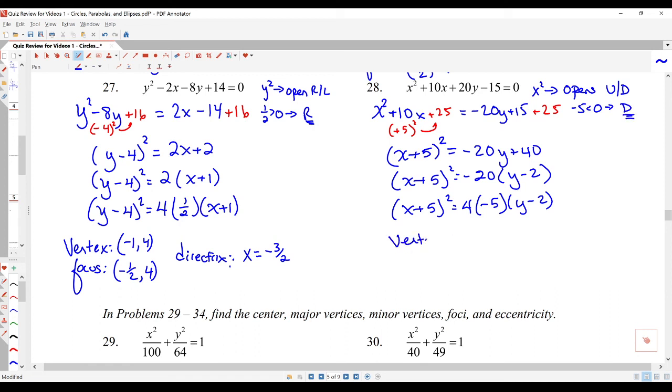So our vertex is (-5, 2). Our focus is going to be 5 down from that point. So (-5, -3). Since it's our y coordinate that's changing, our directrix is going to be y equals 5 above 2, which takes us to 7.